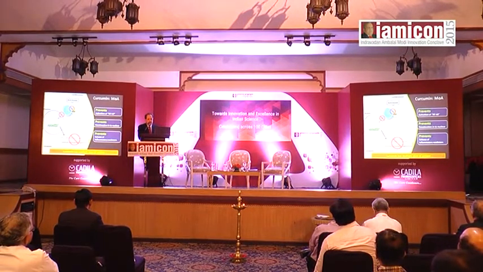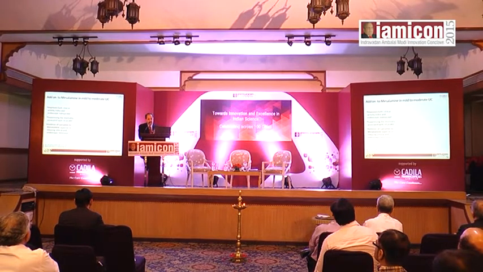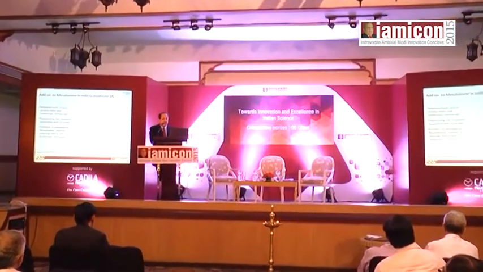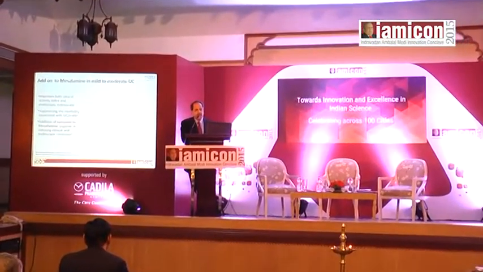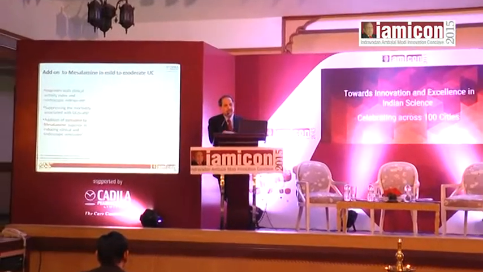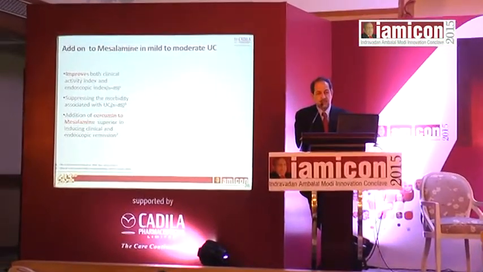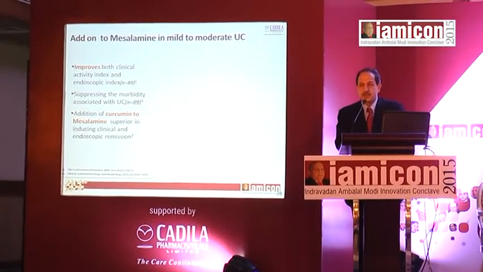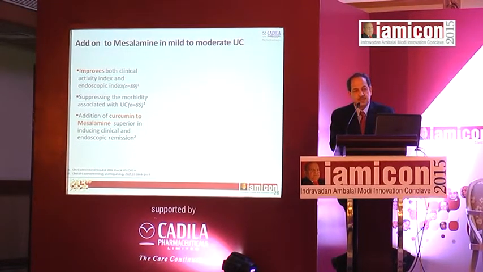There are various sites of action which people have studied in inflammatory bowel disease. There have been one or two trials, and the one I mentioned was published about 4 or 6 months ago in CGH, the lower reference which you can see. They gave about 1 gram twice a day of curcumin to patients with inflammatory bowel disease. This was not a trial on active disease; these were patients who had gone into remission after treatment.